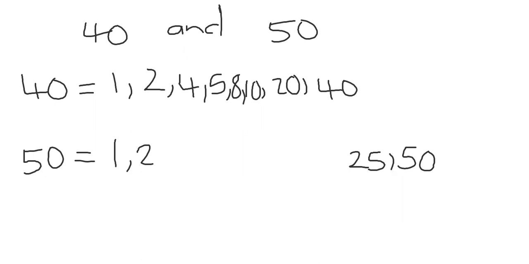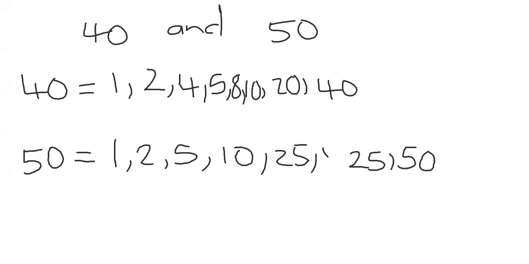No, 4 is not a factor of 50. So the next one is going to be 5. 50 divided by 5, we get 10. So these are the factors of 50.